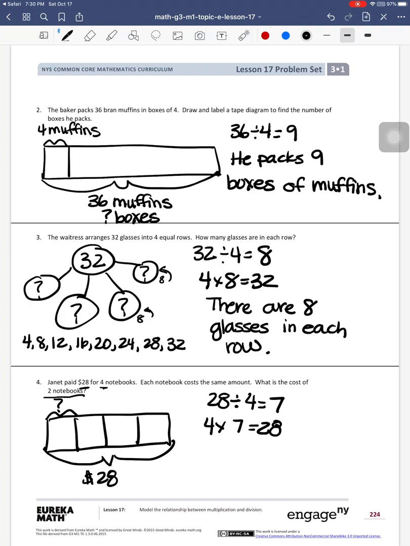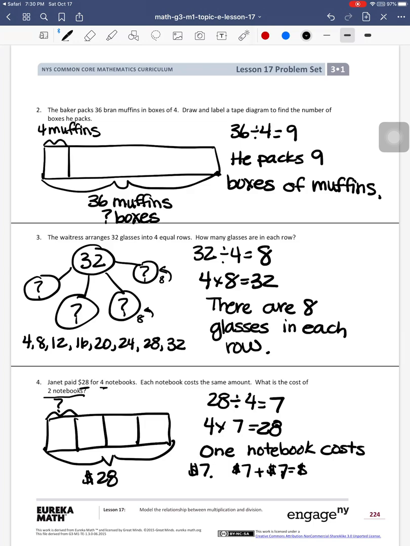Or I could say 4 times 7 equals 28. So, 1 notebook costs $7. But I'm not trying to find out the cost of 1 notebook. I am trying to find the cost of 2 notebooks. So I need to do $7 plus $7.